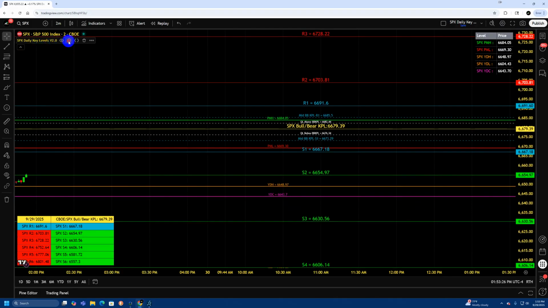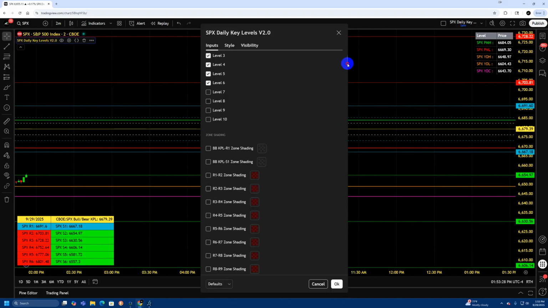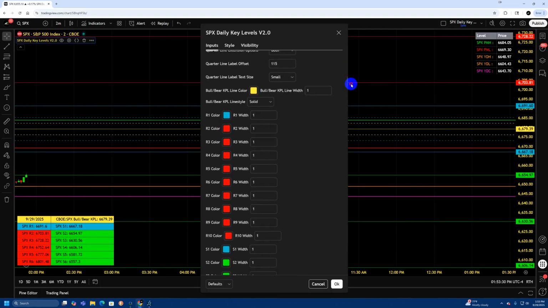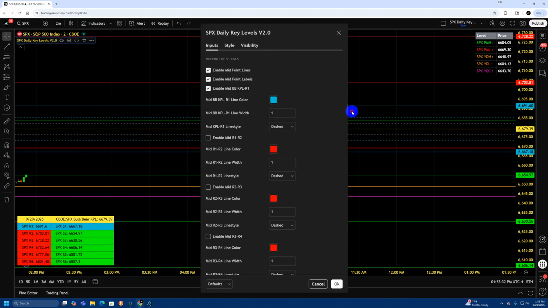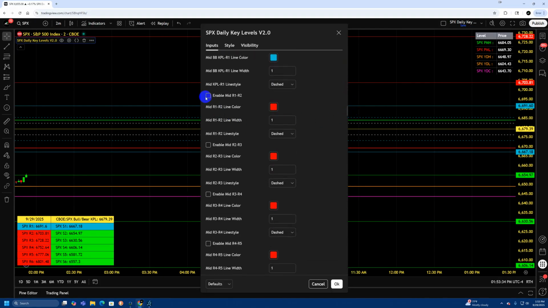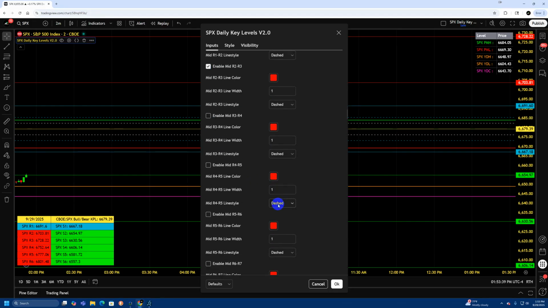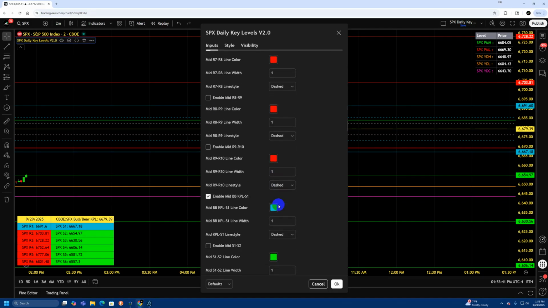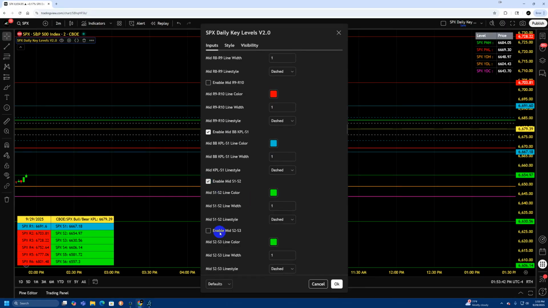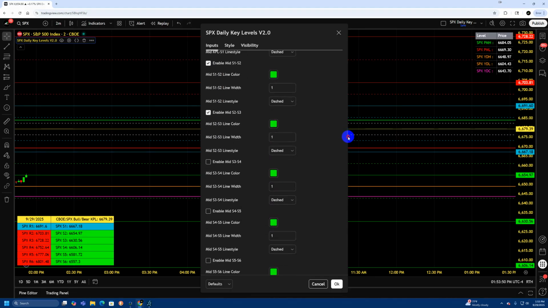So you simply go into the user control panel, and first we'll turn on the midpoint levels. We'll enable mid R1, R2, mid R2, R3, mid S1, S2, and mid S2, S3. And let's say we're also considering tight stop losses.